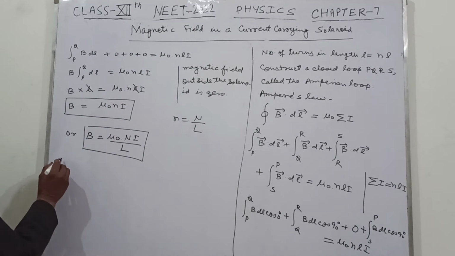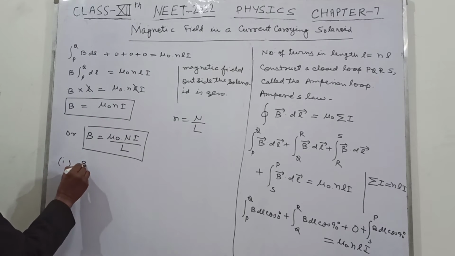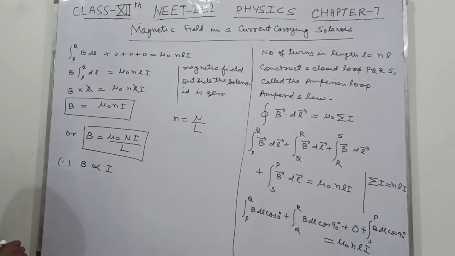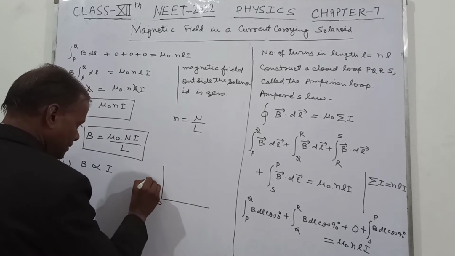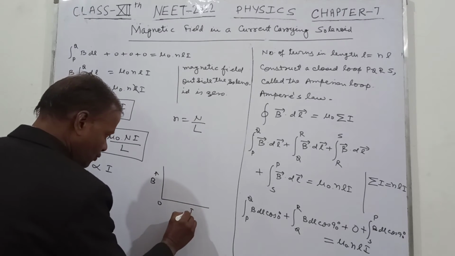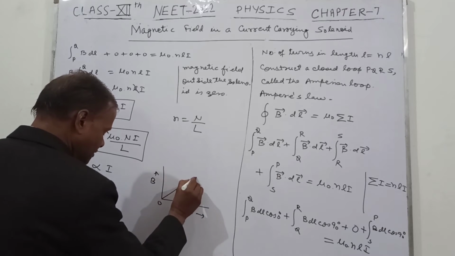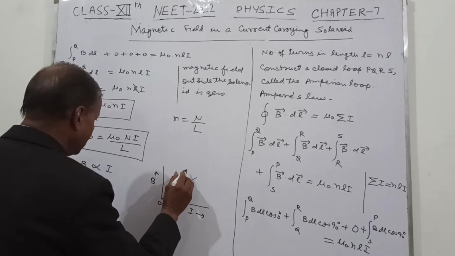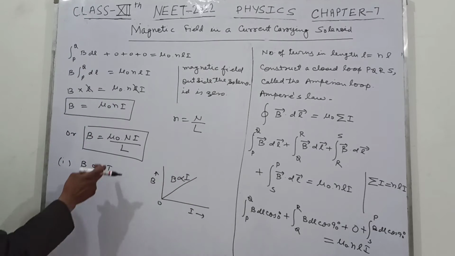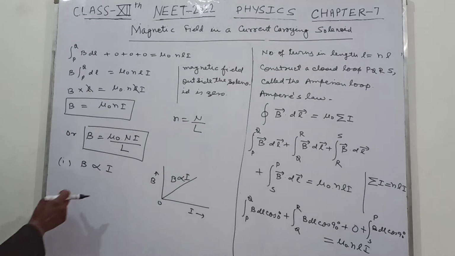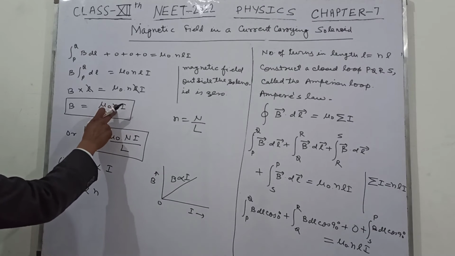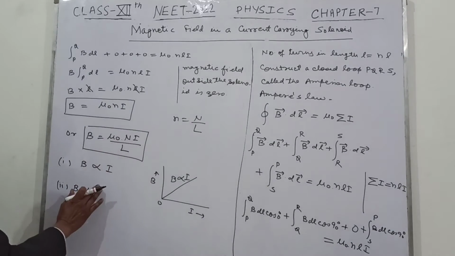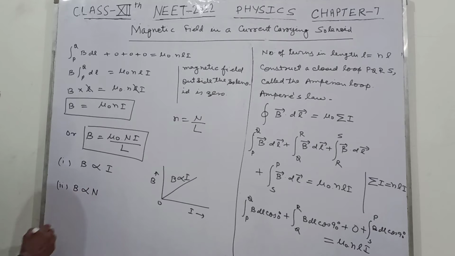So now we can have here B is proportional to I. So if this is now your B, this is now your I, then we are having this. This is now B proportional to I. Then for the number of turns, B is proportional to N. Small n, or suppose we are having capital N, then you can also increase this one.